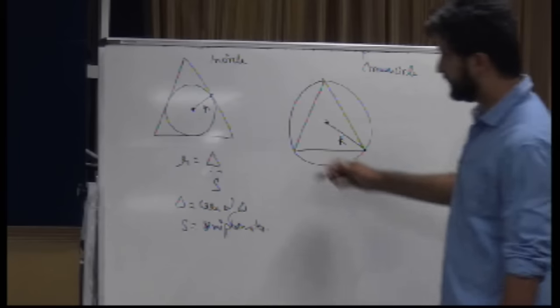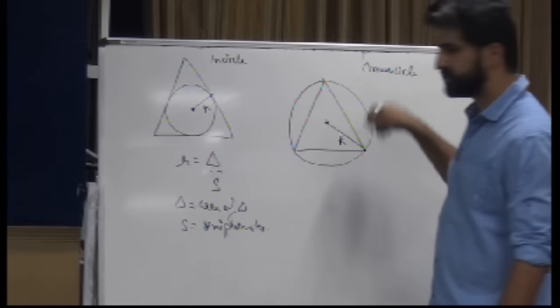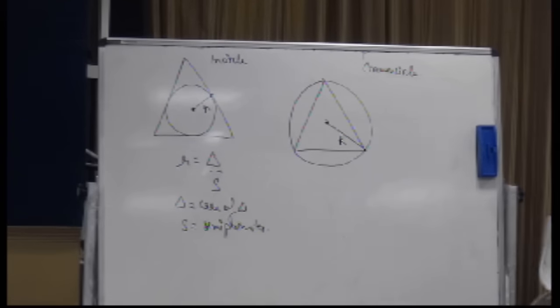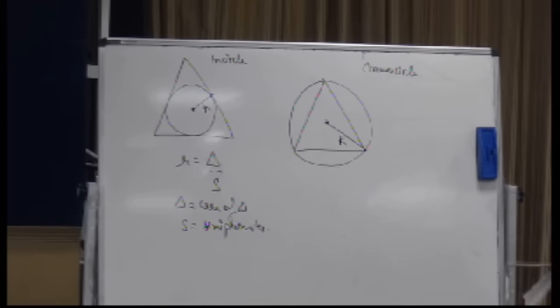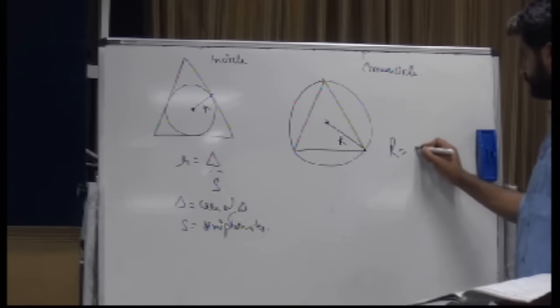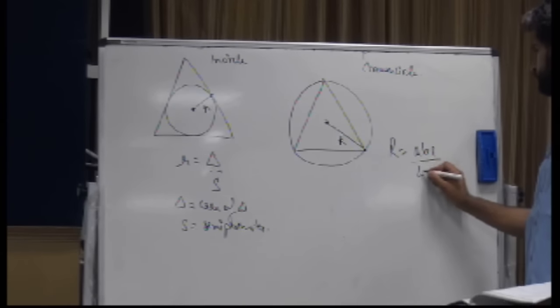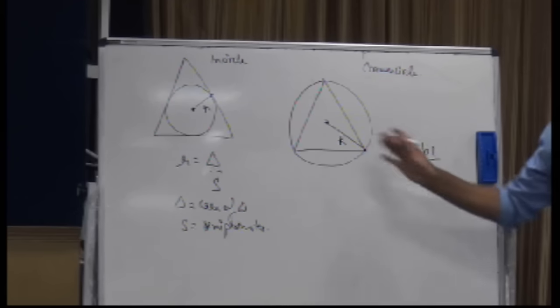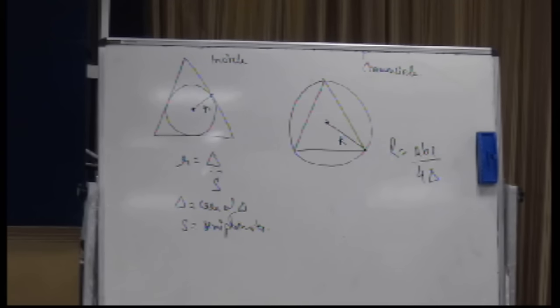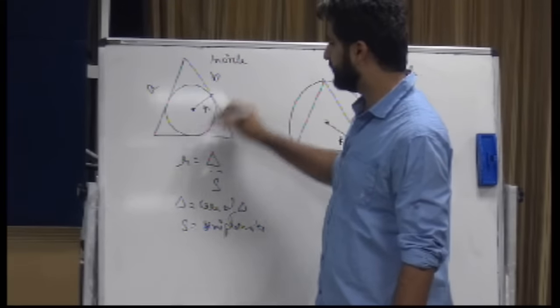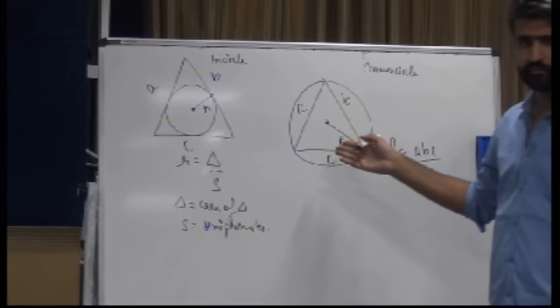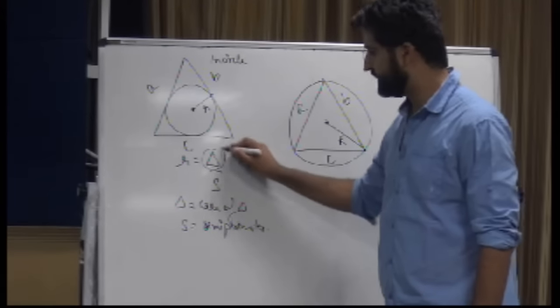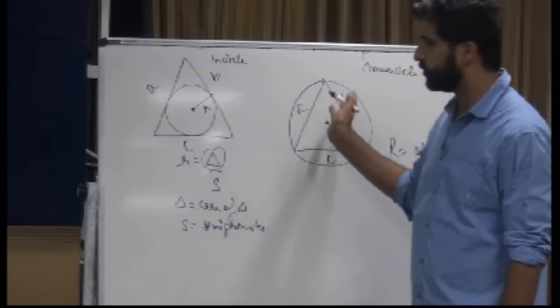Incircle always touches the sides and this always touches the vertices, and this radius is equal to abc upon 4 delta, right? So just remember these two formulae. If you know a, b and c, you can easily find all these. You just need delta, the area of the triangle, then you can easily find both the radii.